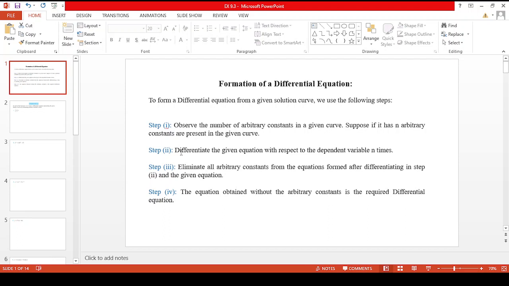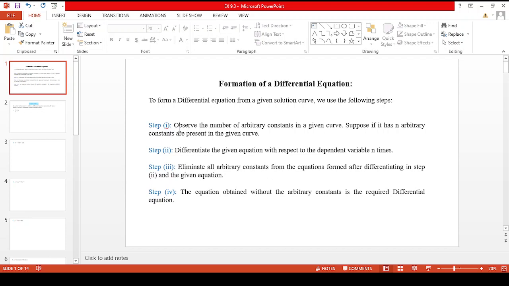After we know how many arbitrary constants are present, we need to differentiate that many times. That is the second step. Differentiate the given equation with respect to the dependent variable n times. When n arbitrary constants are there, we differentiate n times. The third step is to eliminate all arbitrary constants from the equation formed after differentiating in step 2 and the given equation.